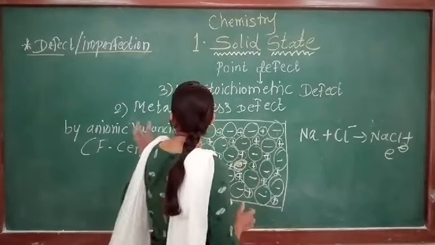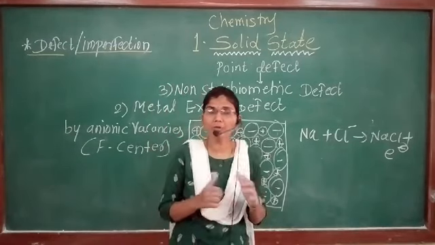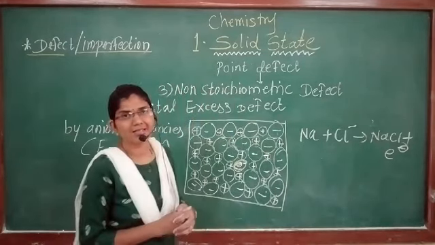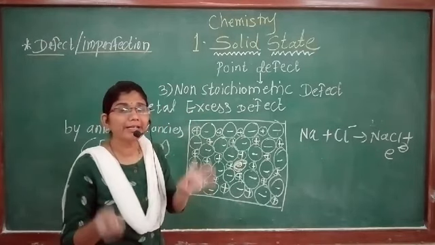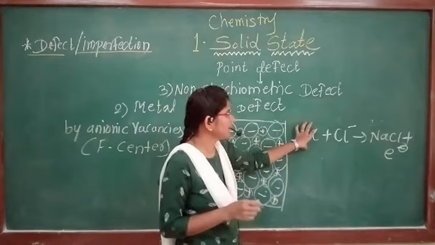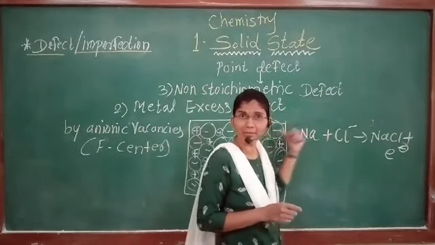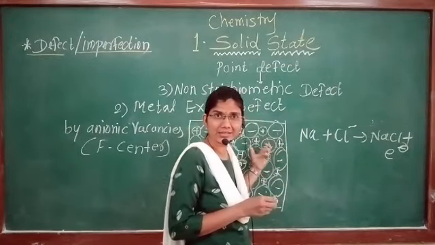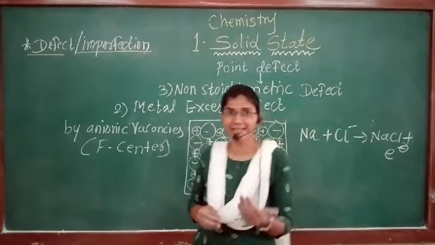In this anionic vacancy metal excess defect, when the sodium chloride crystal is heated in the presence of sodium vapor, the sodium atoms are deposited and react with the Cl minus present in the crystal structure to form NaCl, and the electron is released.